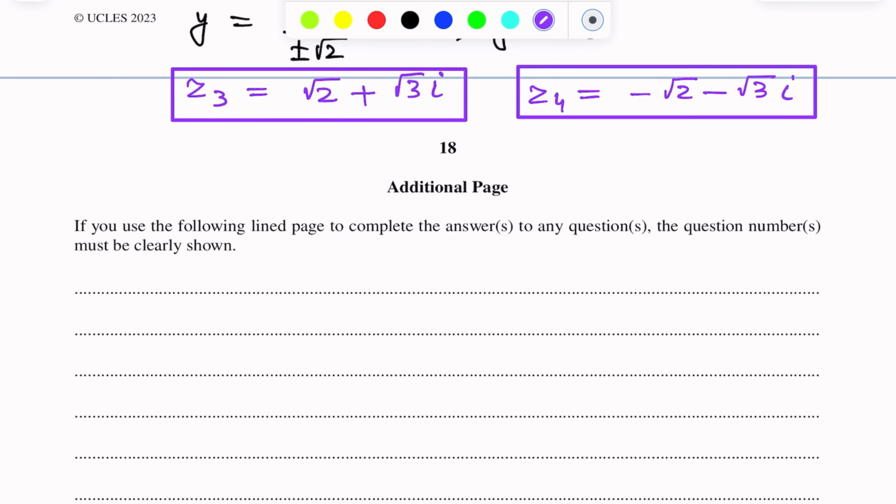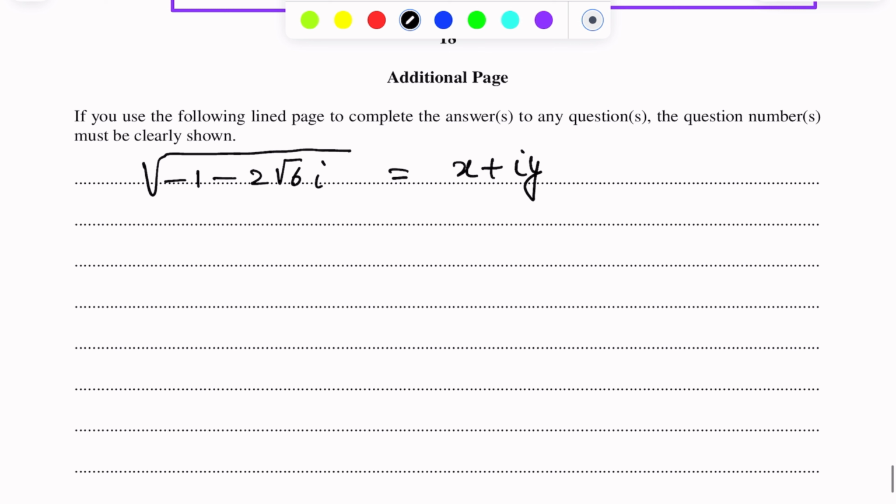So same process: square root of minus 1 minus 2 under root 6 iota, let this be equal to x plus iota y. Squaring each side, we get minus 1 minus 2 under root 6 iota, the square root sign will be removed. On the right hand side we will use the identity a square plus b square plus 2ab.